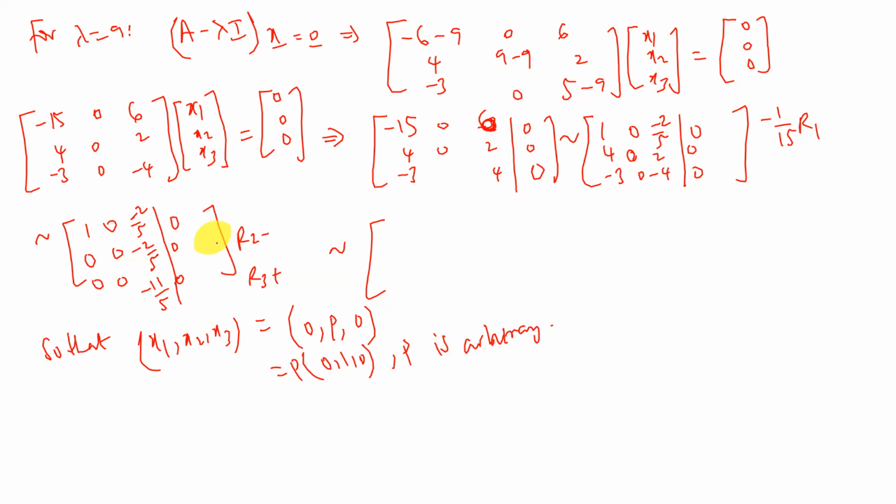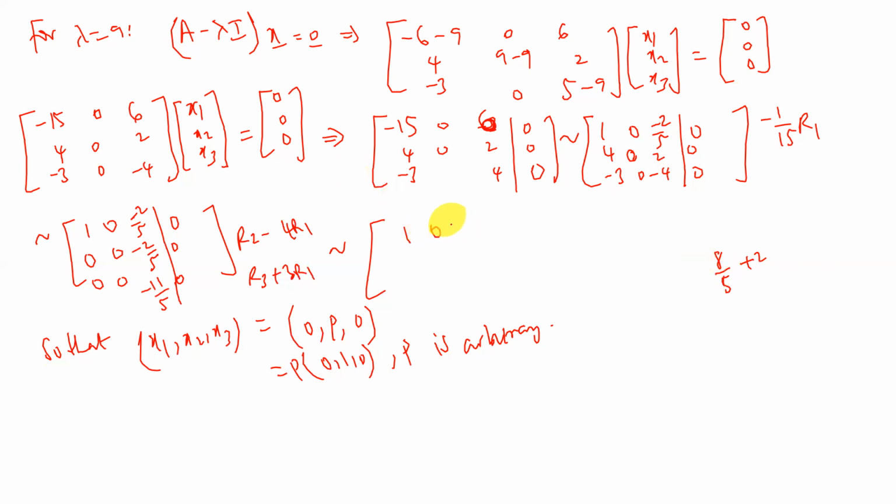Okay, let me see now. And now here you say row 2 minus 4 row 1, row 3 plus 3 row 1. So minus 4 row 1 is going to be actually 8 out of 5 plus 2, 10.